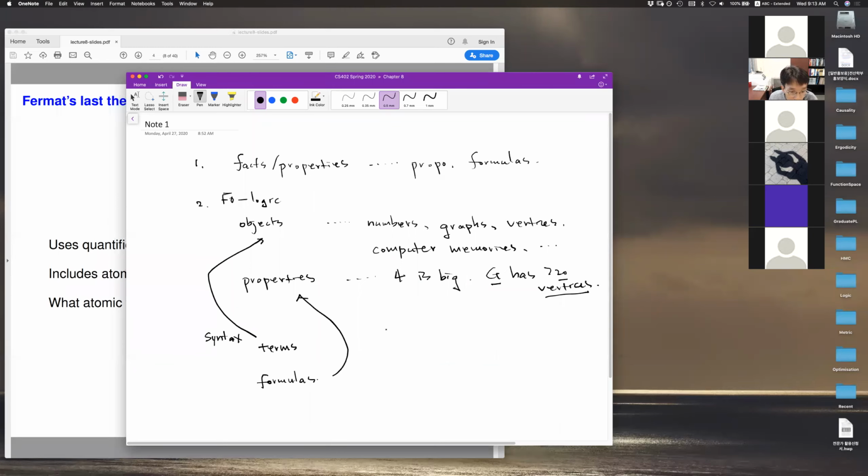Okay. And then we will also use the semantics. So our semantics will also have two layers. The first layer is going to be the semantics of terms.